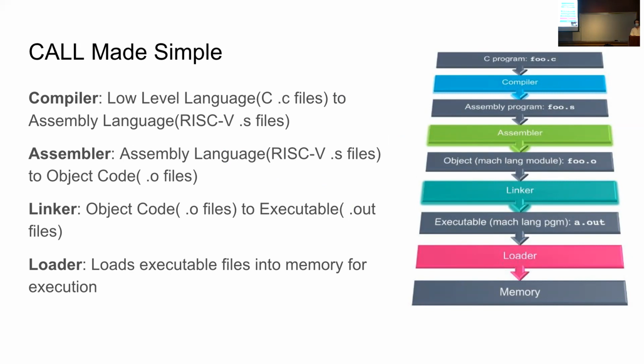The assembler takes assembly language and converts it to object code, which is those RISC-V files to object files, which have the extension .o. And then the linker takes object code and turns it to an executable. And finally, the loader takes that executable and loads it into memory for execution.